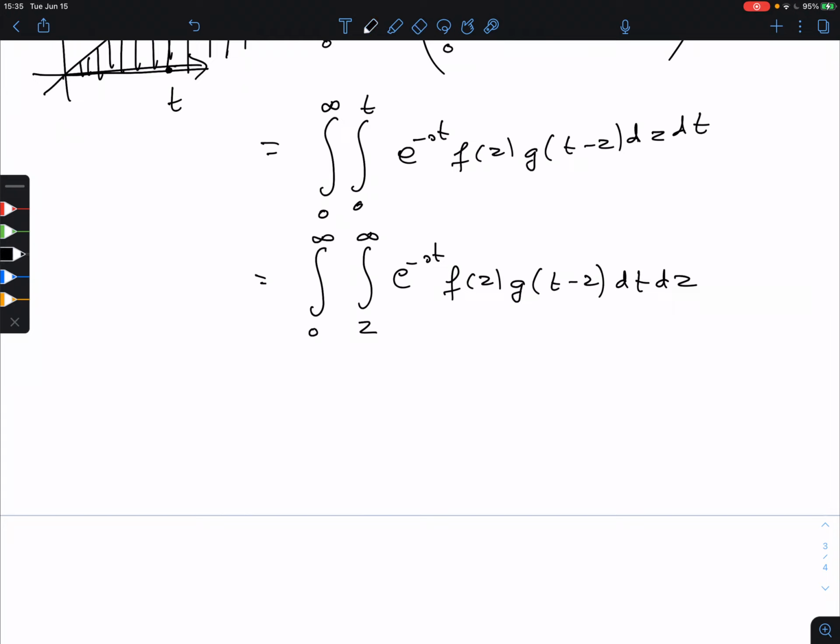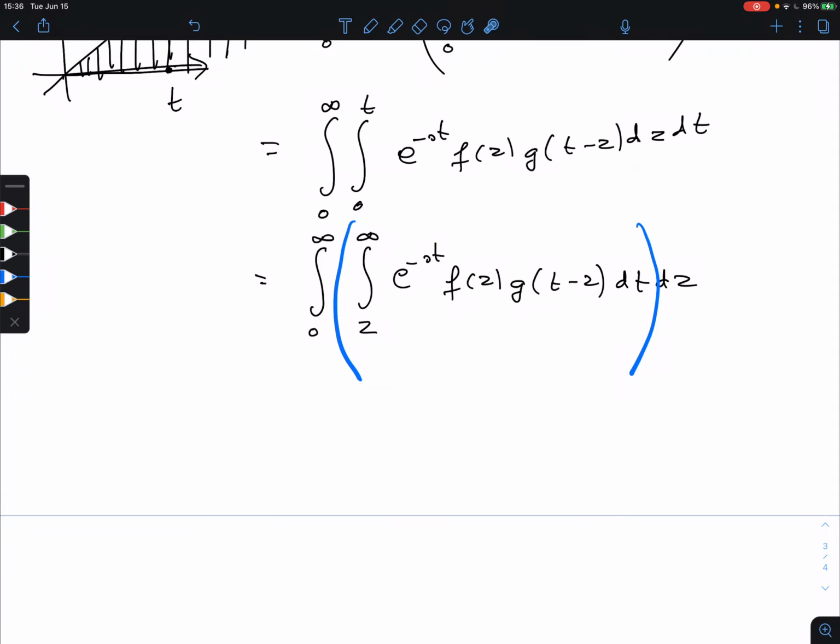Now let's analyze this inside integral. It's an integral with respect to t, so whatever does not depend on t, I can bring out. Let's look at the three terms. This one depends on t, this doesn't, this does.